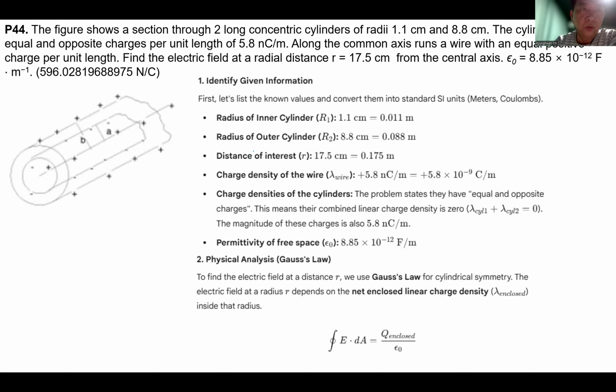Now the next problem: our interest is 17.5 centimeters, which is outside.